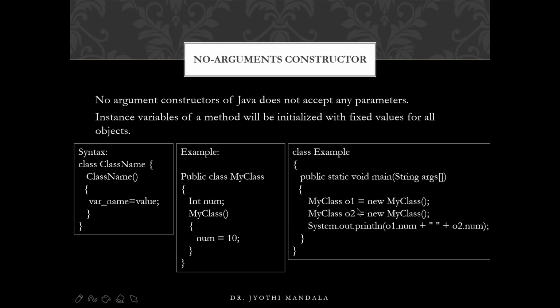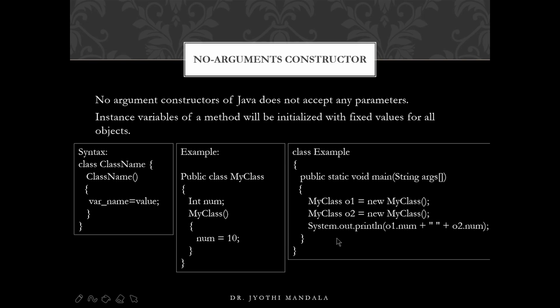But if you write your own constructor, then whenever you create an object, this will by default call this constructor, and for O1 the num value will be equal to 10. Again, whenever you create another object O2, MyClass calls the unparameterized constructor. That means this will be automatically called at the time of object creation, and for this also the num value will be 10.